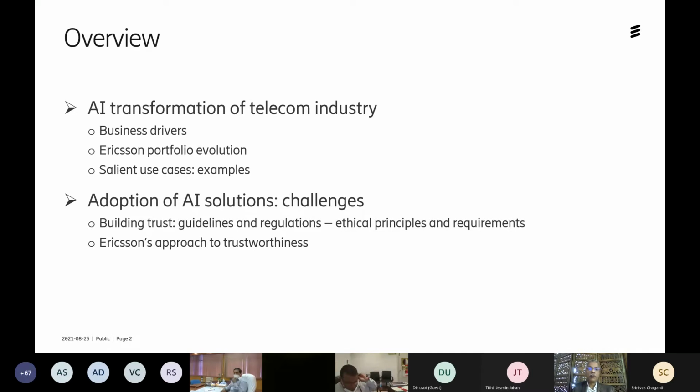So here, we talk about how you really attempt to build trust. She referred to the guidelines that are available from the European Commission. I will quickly touch upon some of the points raised from such considerations, the ethical principles and requirements. Finally, how do you bring them into practice in the way that Ericsson builds its products, services, and solutions and delivers them to market? So that is going to be the scope of what I'm going to cover today.